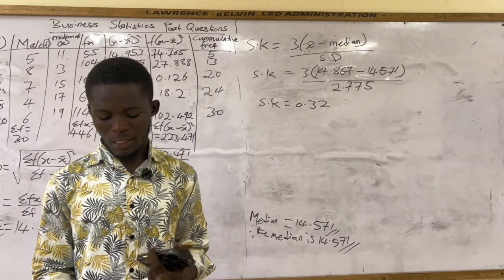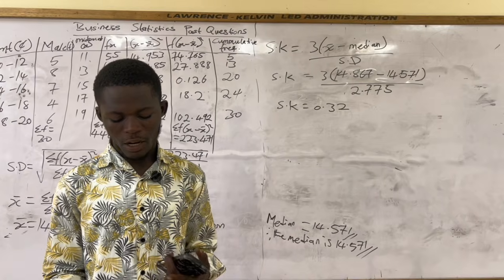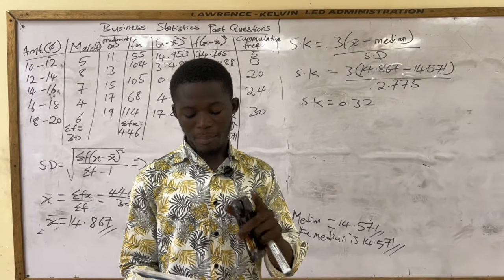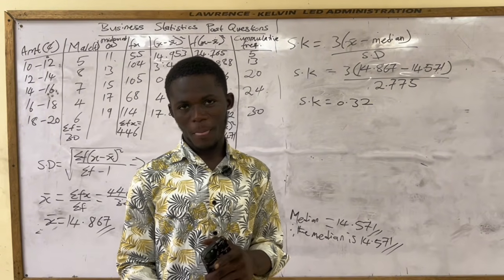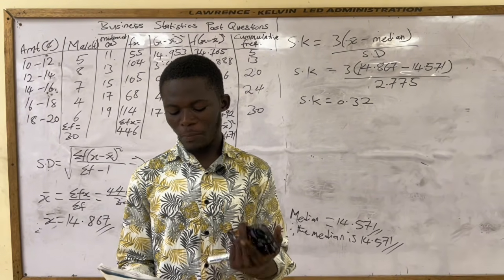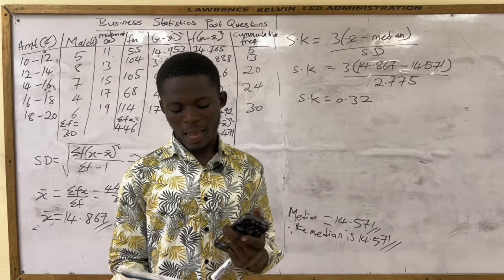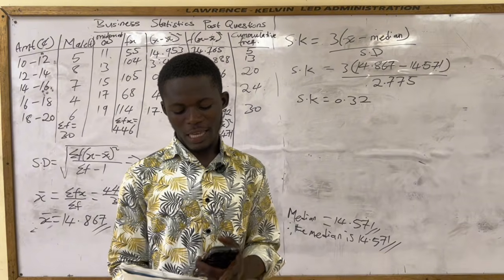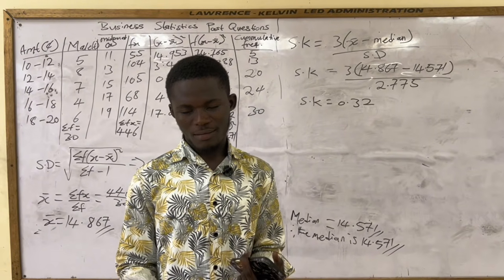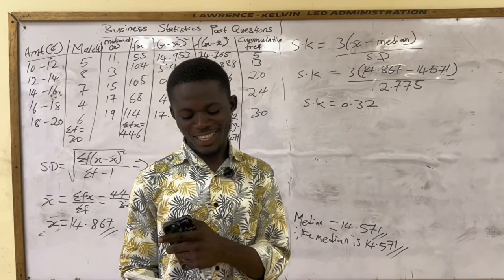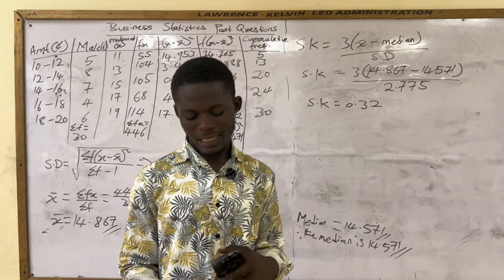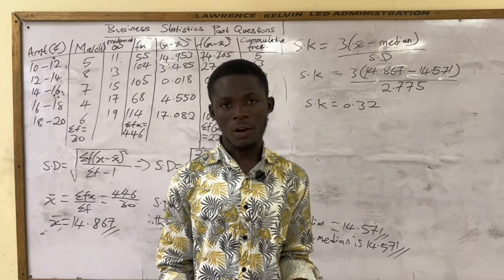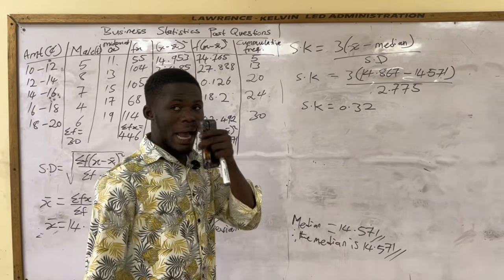A few employees or amounts in the higher value classes are pulling the mean above the median, but the skew is mild. Okay, so we are done with the I.